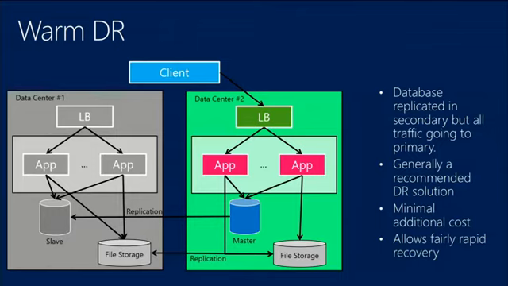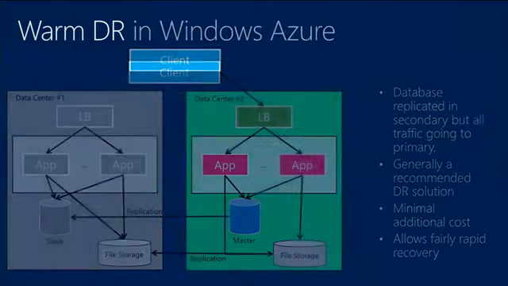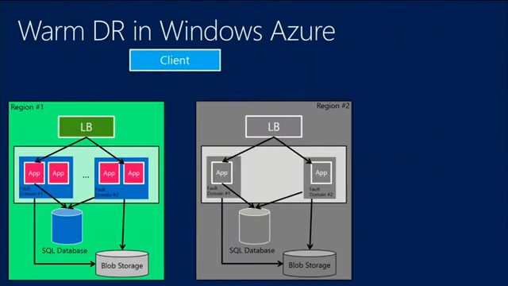So warm DR normally uses data replication. They have a secondary already running, maybe a smaller one. That's what happens. But then the costs are minimal. From a Windows Azure standpoint, you would have, for example, North Central US, where you would put your main application.